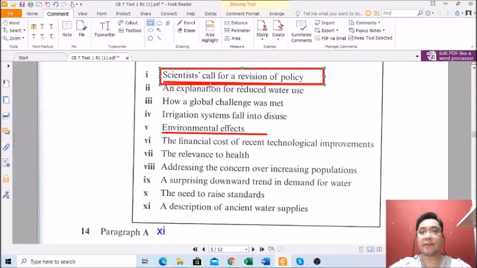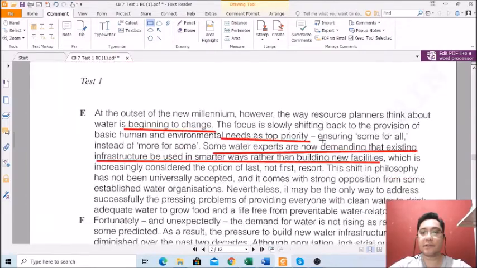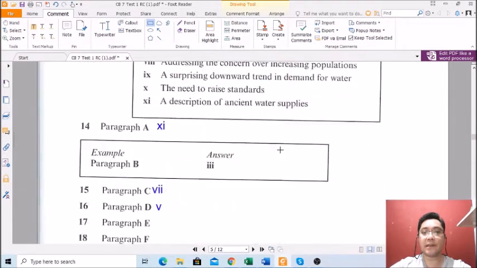So it says the scientists call for a revision of policy, in which it says that the importance of that policy should be based on the principle some for all and not more for some. So the answer for E is actually 1.